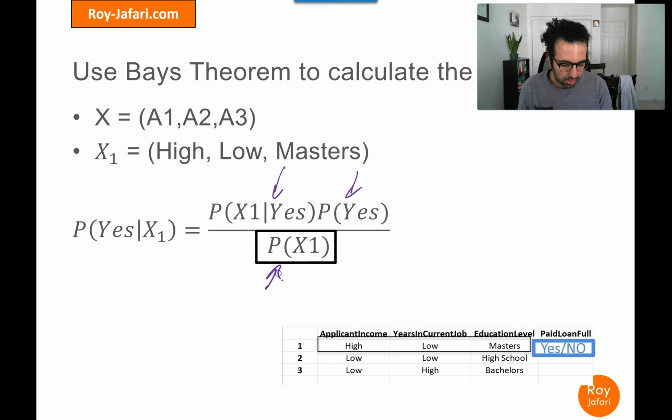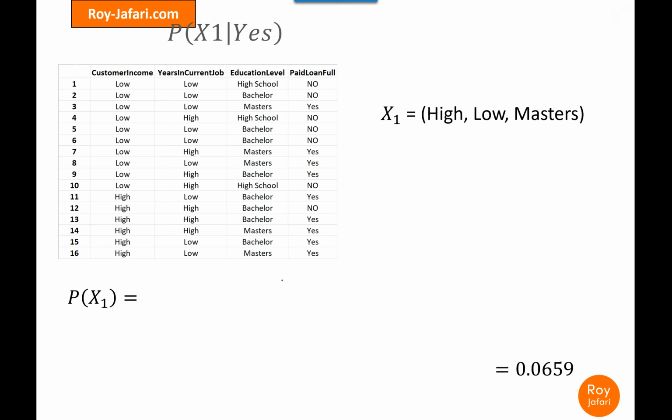Now let's calculate probability of x1. Because we are assuming customer income, years in current job, and education level are independent, we can find that by having 3 terms here. So let me simplify this.